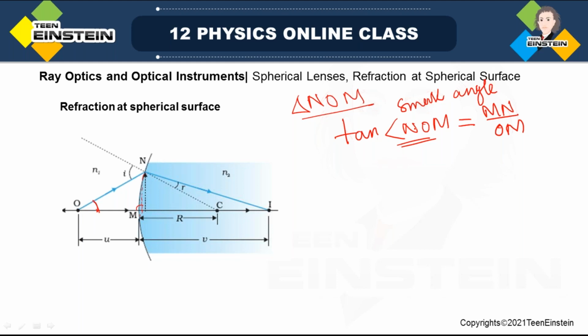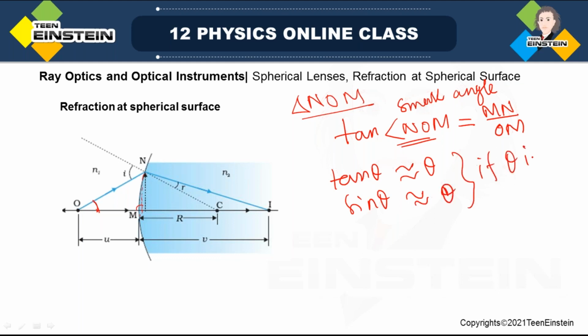What is the small angle approximation? Tan of theta will be nearly equal to theta, or sine of theta will be nearly equal to theta, if theta is very small. In this case we are using that approximation.